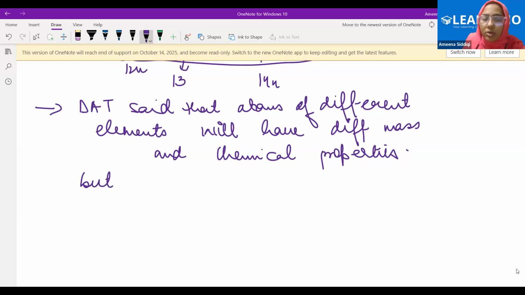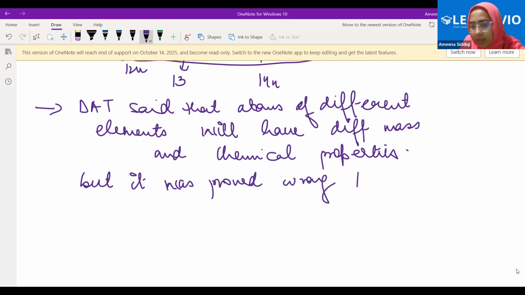But it was proved wrong because of the presence of isobars.